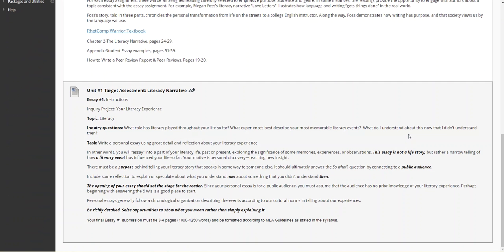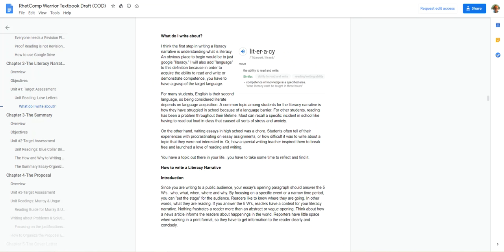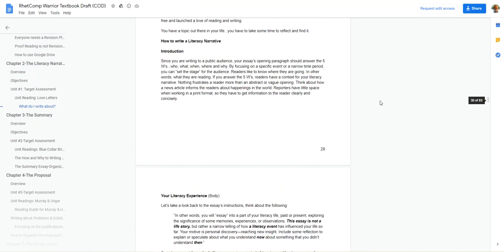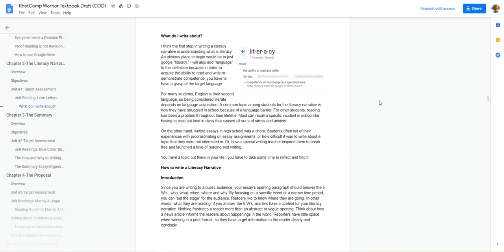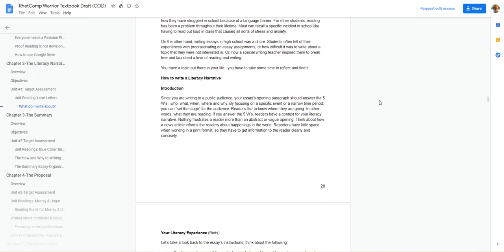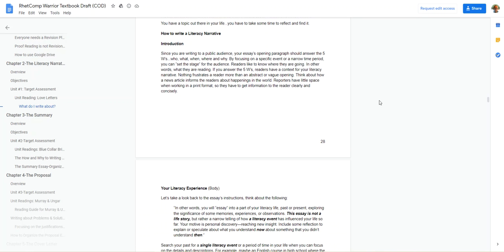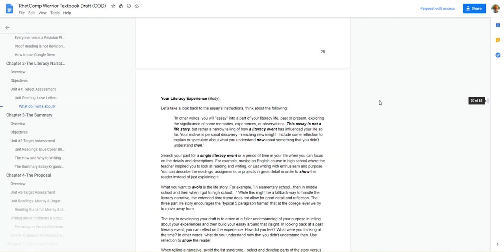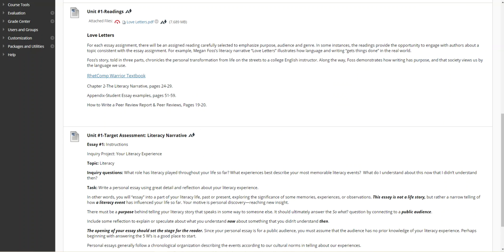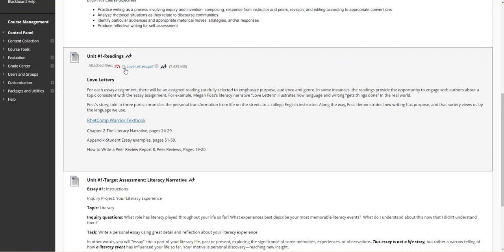More importantly, in chapter 2 of the textbook, you're certainly going to want to read specifically pages 28 and 29, the sections on what do I write about and how to write a literacy narrative. I believe these two sections will give you some background along with the assignment to start developing a topic for discussion board number 4.